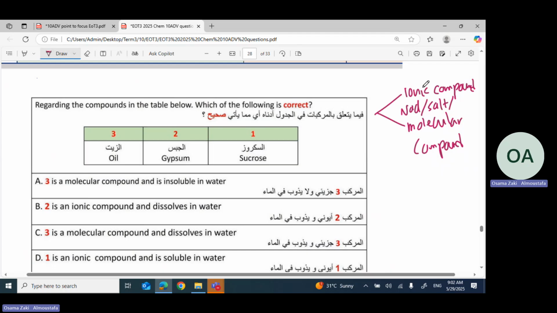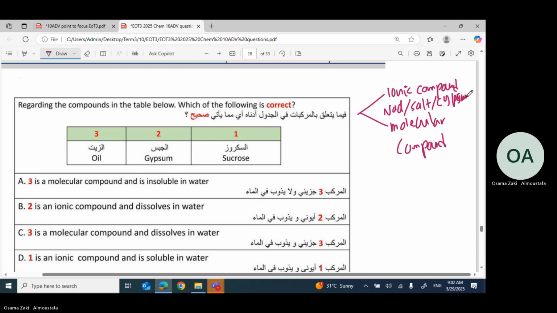We have other examples, but these examples are mentioned in the book. So NaCl and gypsum. Molecular: you have oil and sucrose.